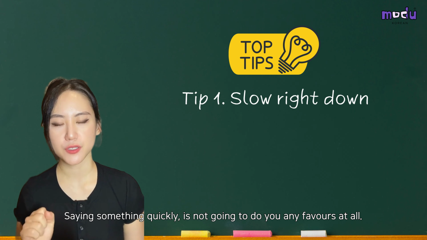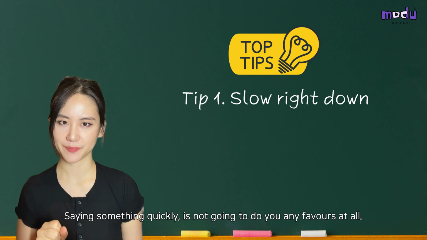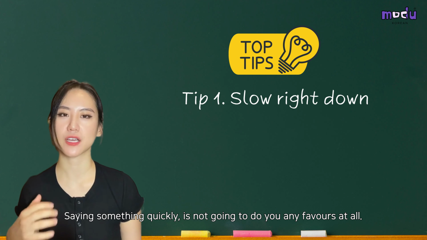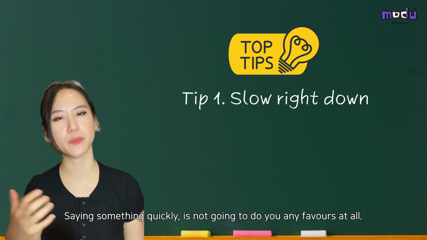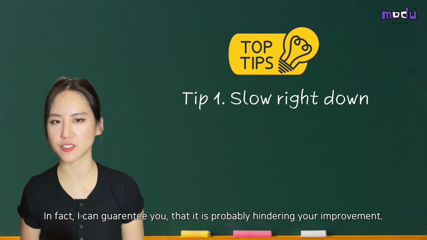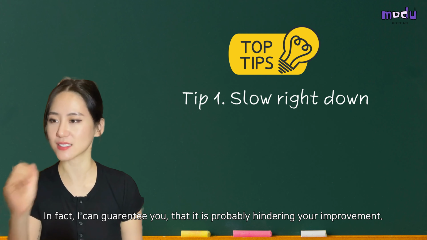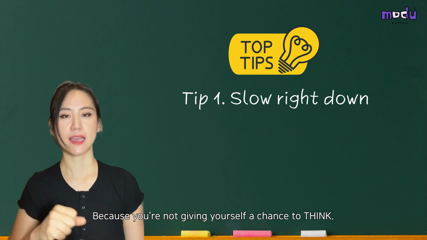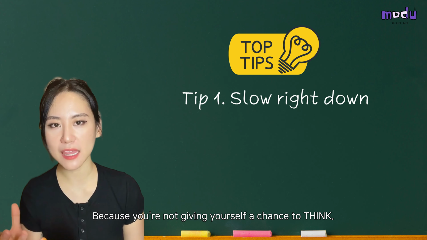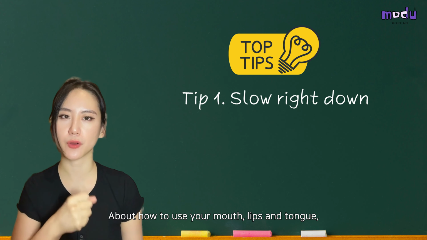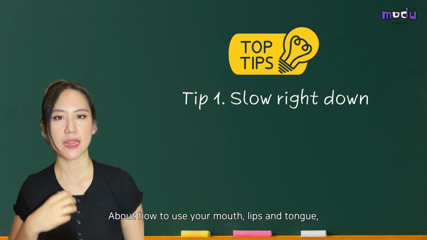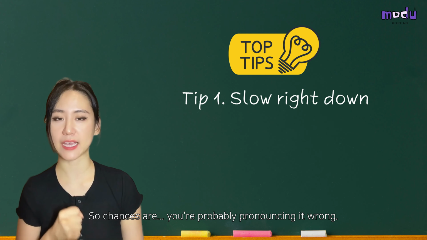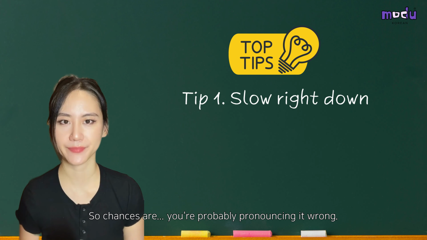First of all, you do need to slow down, right? I have seen many students try to practice their pronunciation a little bit too quickly. You need to be patient with yourself and not just go sa, sa, sa like this, because you're not thinking, right? And if you're not properly thinking about how you need to move your mouth, your tongue, your lips, then chances are you're going to be pronouncing it wrong and you're not going to improve.